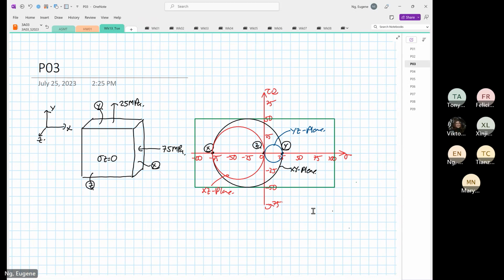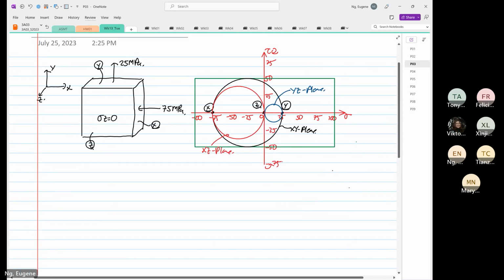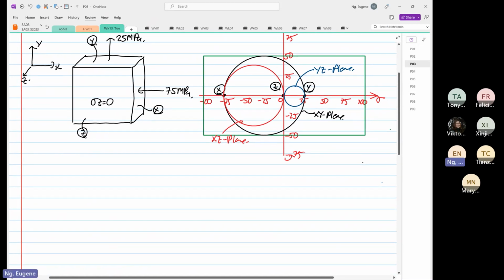Okay. So the next thing I'm going to do is we are going to look at the operating bracket. So we are going to look at the operating bracket for Tresca criteria before we go into the example.